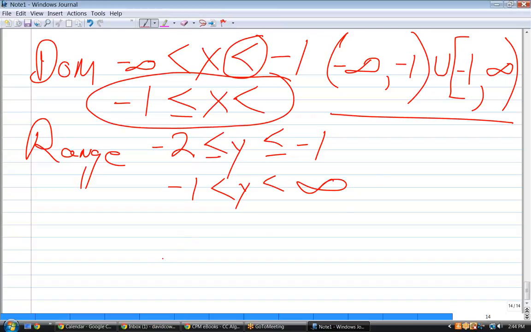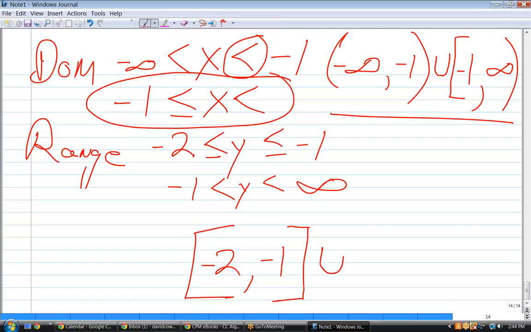And what would the range look like? -2, comma -1. Parentheses or bracket? Bracket.